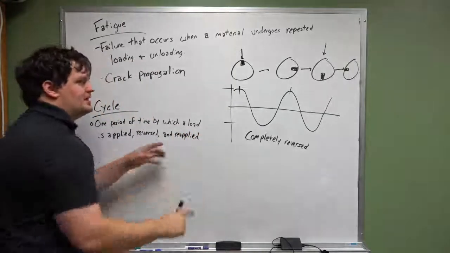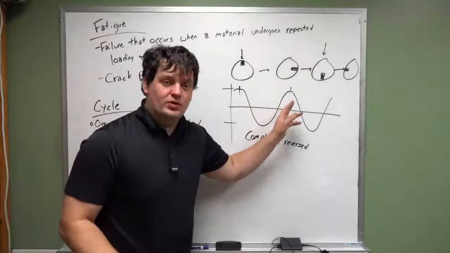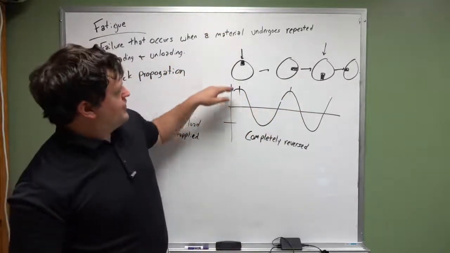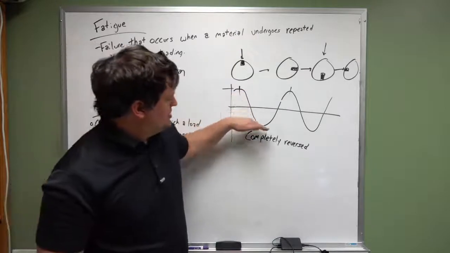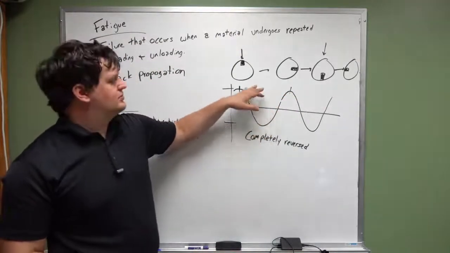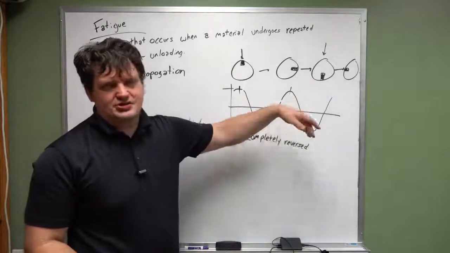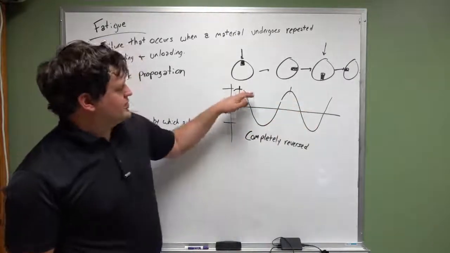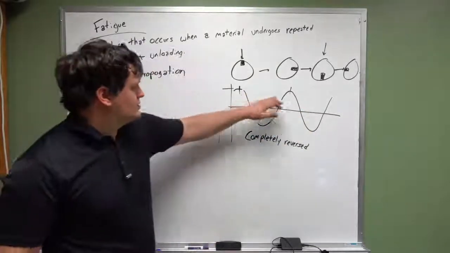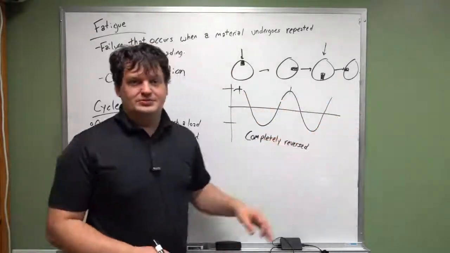And the reapplication, coming back to the same point, is one cycle. So here, this distance from being fully in compression down here to being in tension to being back in compression, or tension, compression, tension, I guess. Going from tension to compression back to tension, that is one cycle. So here this is one cycle, this would be another cycle.